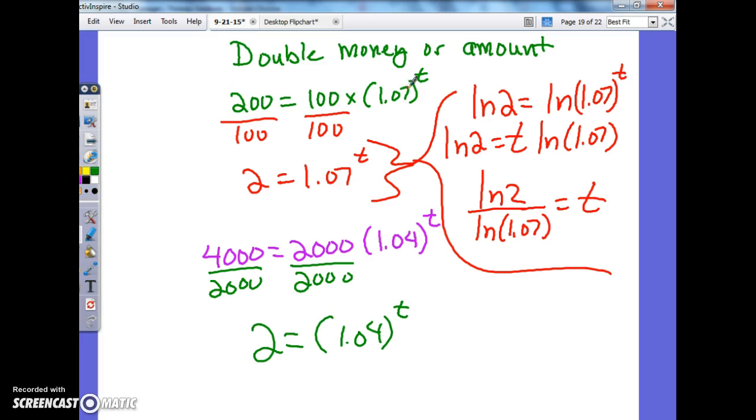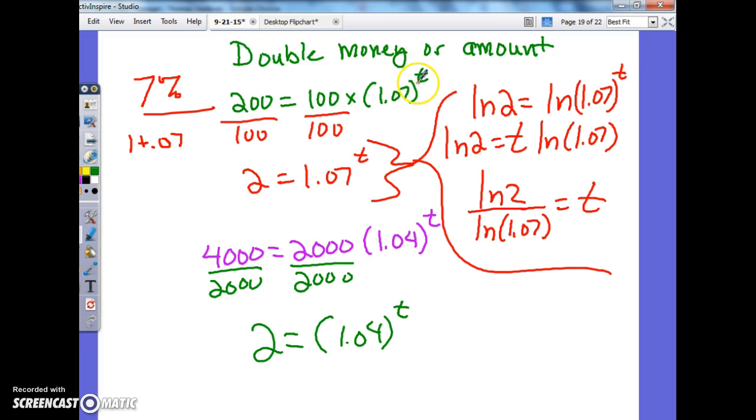All right, so let's take a look at this. Let's say I started off with $100, and I want twice that, which is 200. So notice I've got 100 times 1.07, at a 7% growth rate, like we've been talking about. 1 plus 0.07, like we did in 1 plus our rate, is 1.07 to some time value.